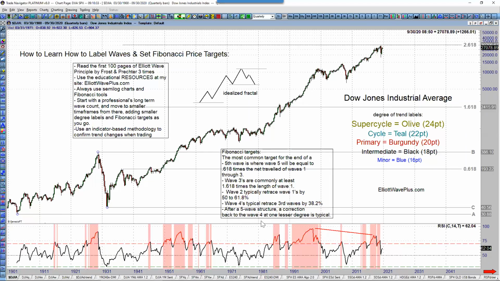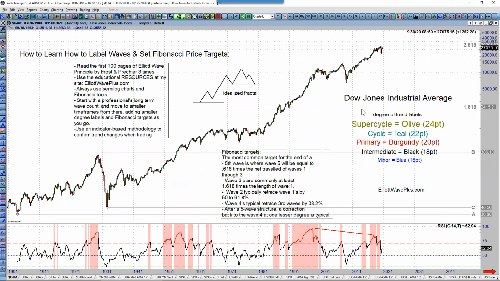So I've listed out here for you what the most typical targets are on the waves within the wave principle. And it says here, wave 3s are commonly at least 1.618 times the length of wave 1. So when I drew that, I'll delete this line.